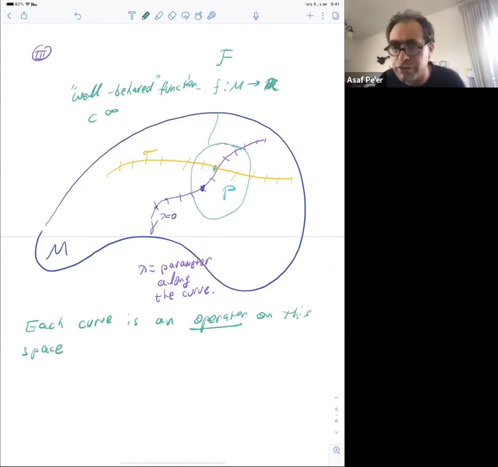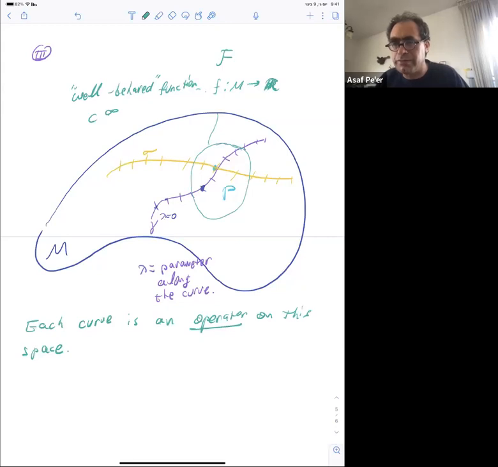Remember, what does an operator do? An operator takes one function and turns it into another function. The same way that a function takes one number and turns it into another number, an operator takes one function and turns it into another function.